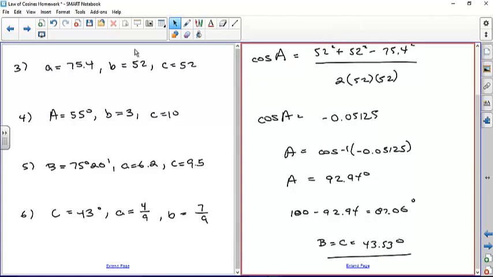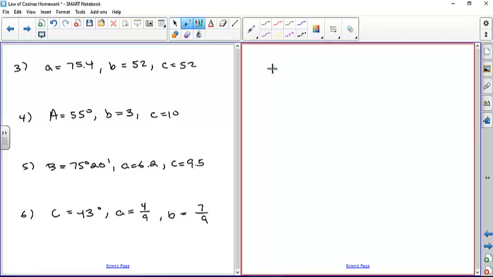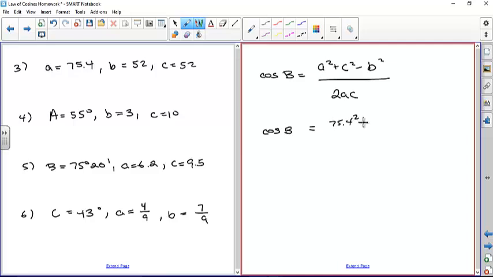Now, if you didn't gather that, we could calculate angle B. The cosine of B is going to be A squared plus C squared minus B squared all over 2AC. So A is 75.4, square that, plus C, which is 52 squared, minus B, which is 52 squared. So you can see those cancel out. Divided by 2 times 75.4 times 52.